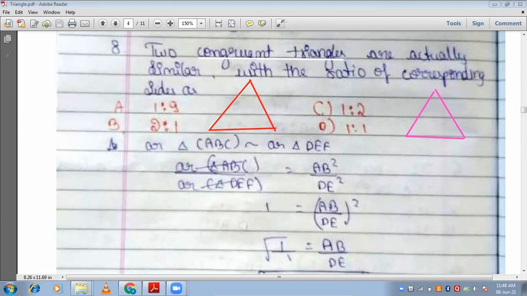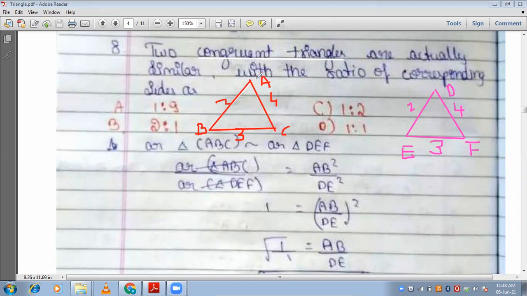Name it as A, B, C, and the lengths are 2, 3, 4. For this one, D, E, F. This is 2 centimeter, this is 3 centimeter, this is 4 centimeter. Here are two congruent triangles.